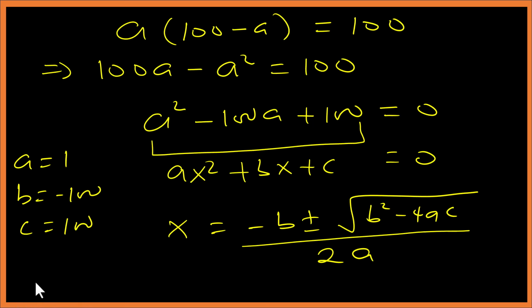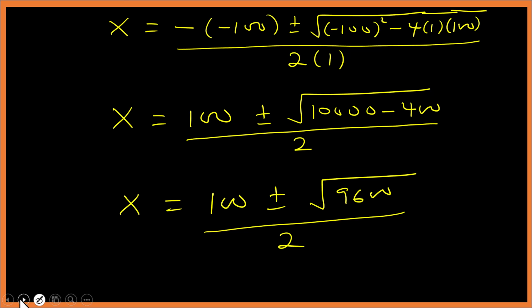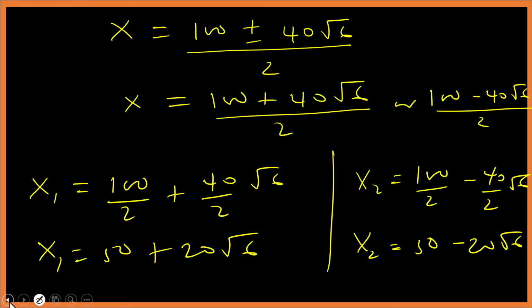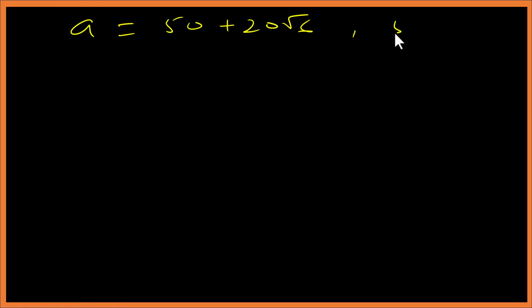All right, we use x for a, so a is x. So my a here is 50 plus 20 with 6, or 50 minus 20 with 6.